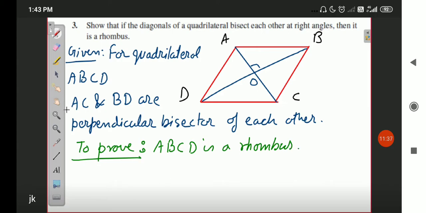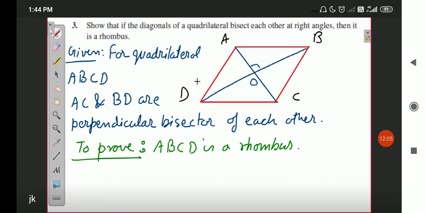Okay, so how do we prove that? In order to prove any quadrilateral as a rhombus, we have to do two things. First of all, we have to prove that this quadrilateral is a parallelogram. Secondly, we have to prove that all the sides of this parallelogram are equal. So in order to do that, I am going to take all the pairs of adjacent triangles and prove them as congruent.